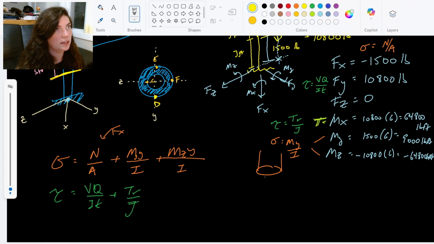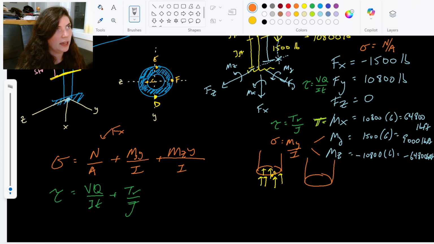So what I'm seeing with N over A is a constant compressive force everywhere on that cut cross section. It doesn't matter where our point D is, everywhere it's the same. So we know that's definitely contributing.